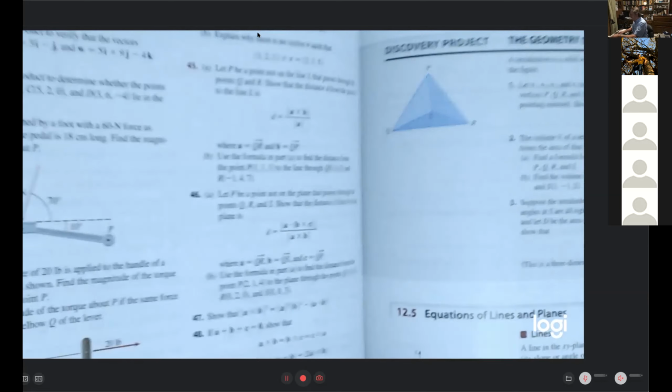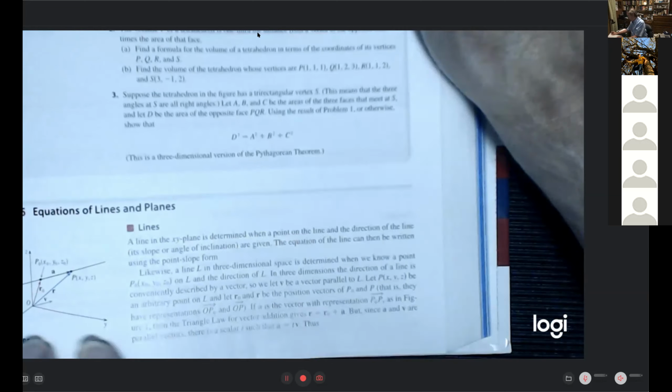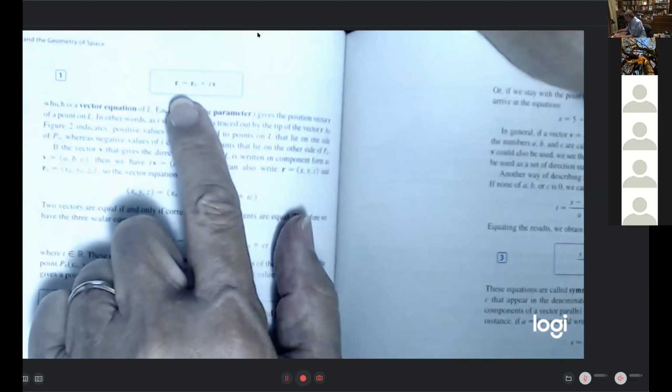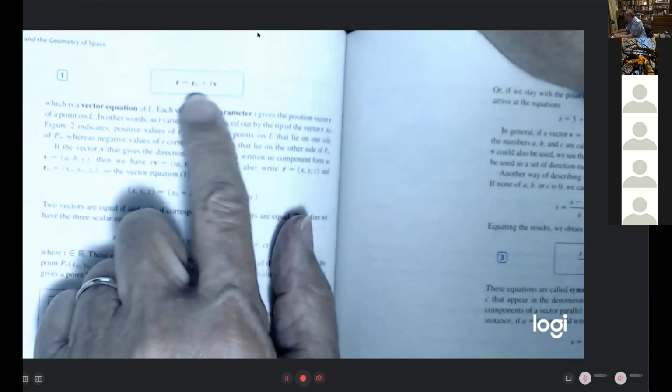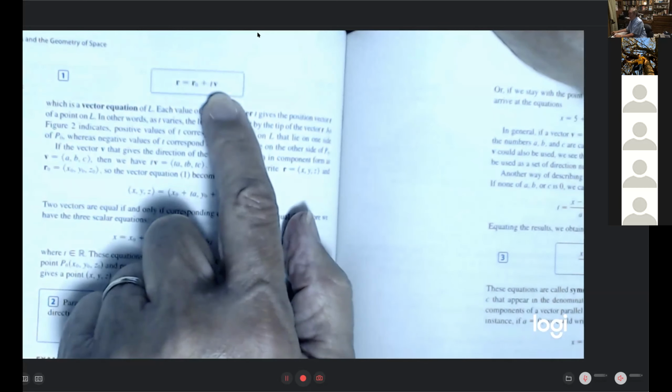We have already talked about equations of lines. The book talks about that in section 5, but we already discussed it in the notes we had. Basically the formula, and I hope that we can make all this readable. If I have a setup where I have a point and I have a vector that tells me what direction I have.